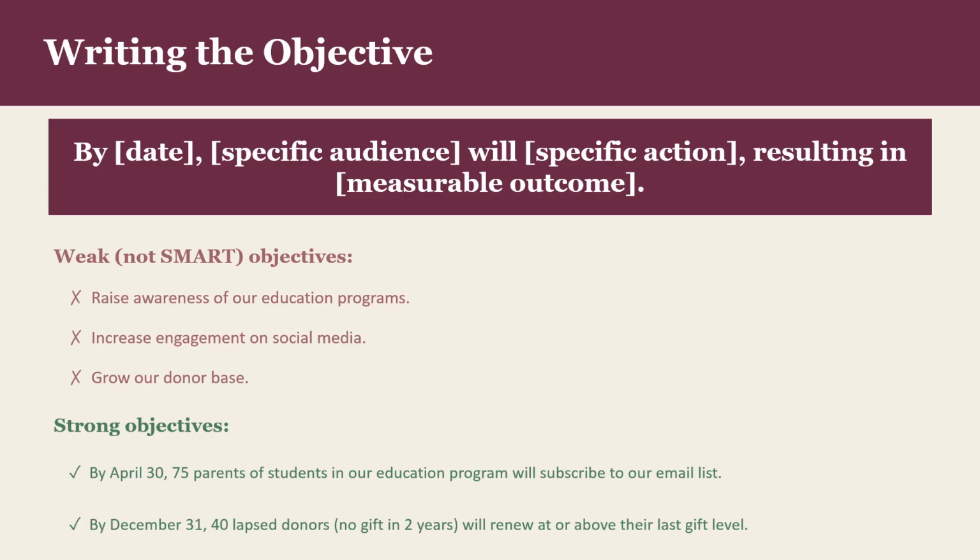But failure's not inherently the problem. Failure is where you get information to improve your communication. Vague objectives protect you from that failure, but then you don't learn anything. So we want specific objectives that we can learn from either the success or the failure of that objective.